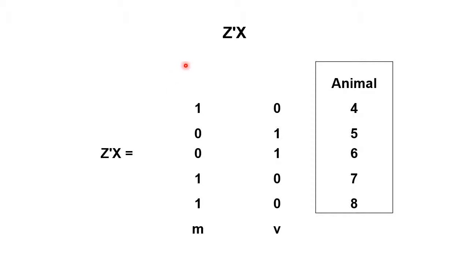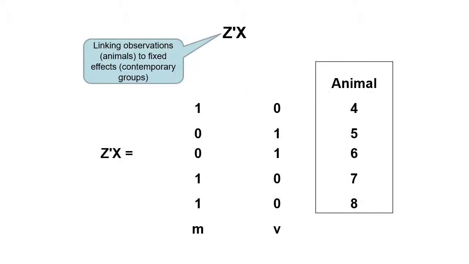So animals 1, 2, and 3 will basically have zeros running along these two columns. So this is basically a matrix where we linked observations to specific contemporary groups of fixed effects.